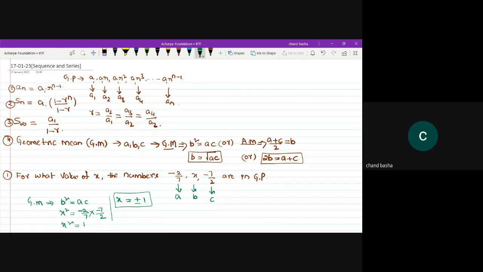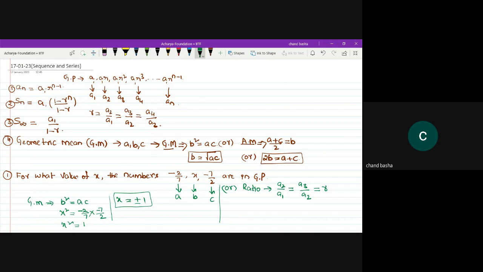Sir, how can we say that there are two possible cases? Let us see another possibility: finding the common ratio. A2 upon A1 is equal to A3 upon A2. This is the point I am going to use for finding the common ratio.